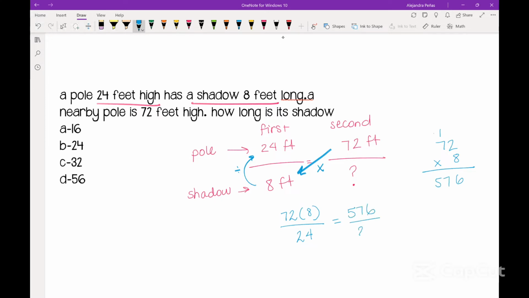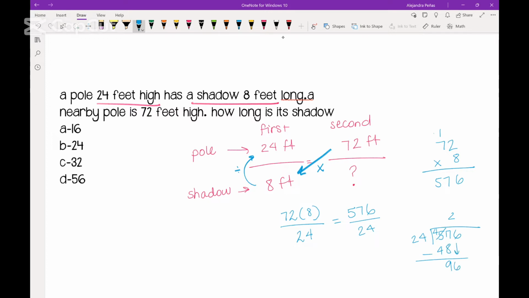576 divided by 24. So 24 fits into 57 twice. That's going to be 48. That's going to be 9. Bring down the 6.